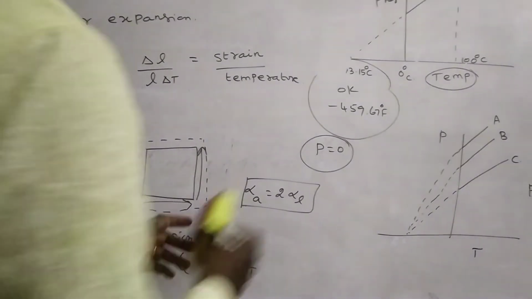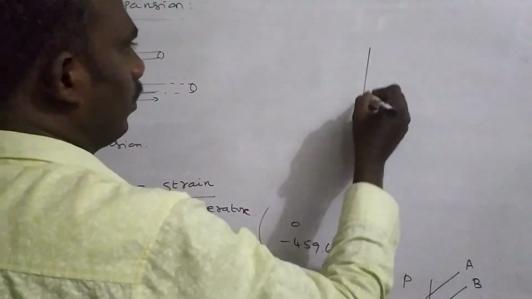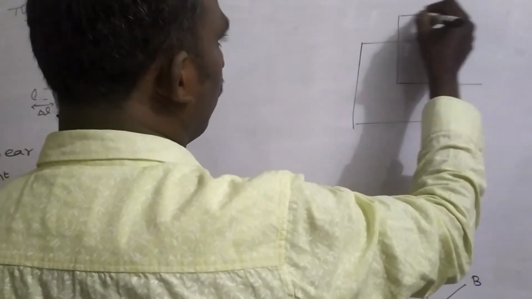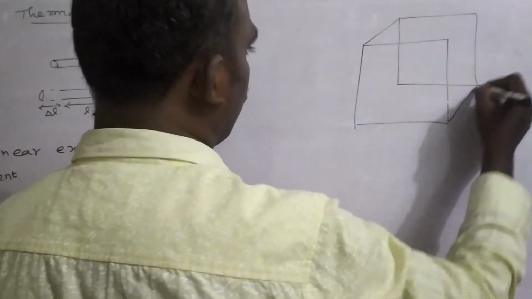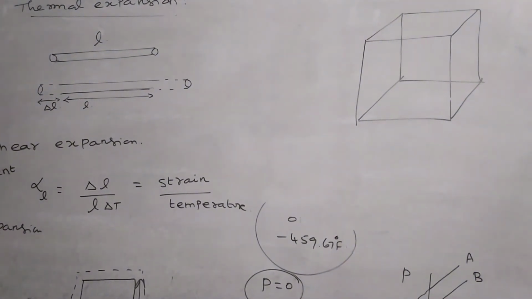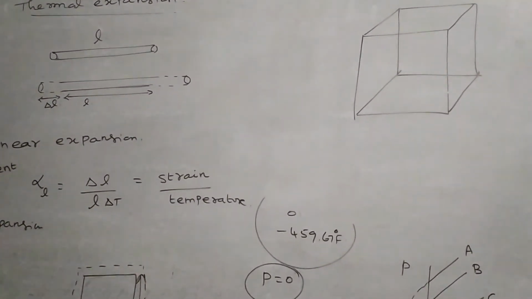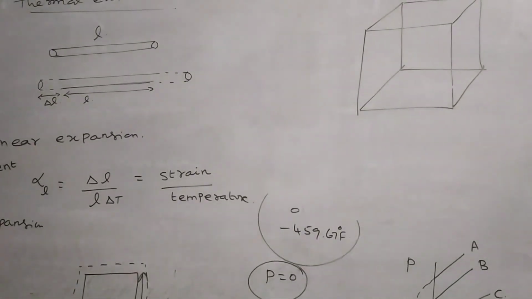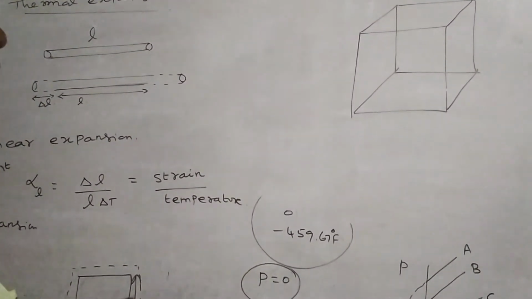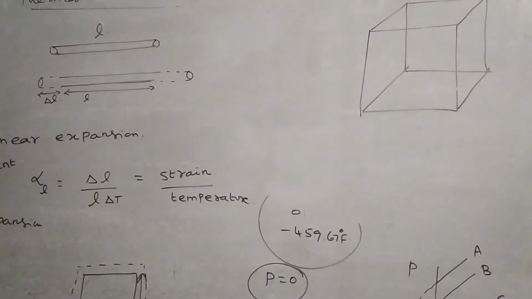Then a three-dimensional object. We take a cube. Then the cube is heated and will start to expand. In linear expansion only length changes. In area expansion length and breadth change. If you heat the cube, length, breadth, height will all increase. Length times breadth times height is equal to volume.